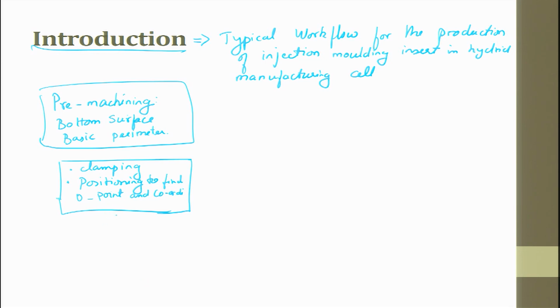Okay. Then comes CNC milling. This is all part of CNC milling. Then from here it gets into additive manufacturing building. This is AM building.